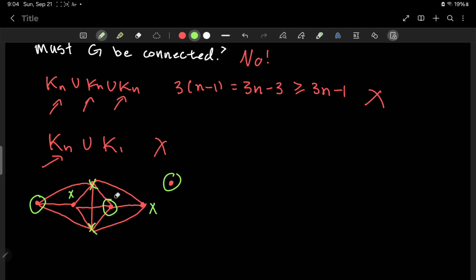And that's the exact same thing if I picked the other degree 4 vertex. If I picked this one, I couldn't pick that, and I couldn't pick that, so I must pick these two. But that's not the only option. We have one more option: we could pick both of the degree 3s and the lonely vertex out here.